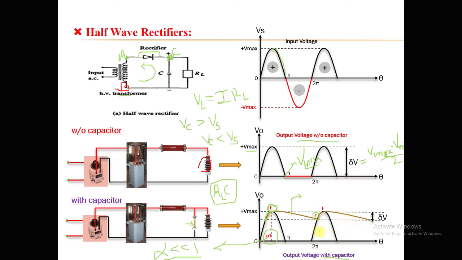Okay, the another point is from point F to point E. From point F to point E, it means alpha t duration. So alpha t duration represents that the secondary of the transformer will serve two duties.